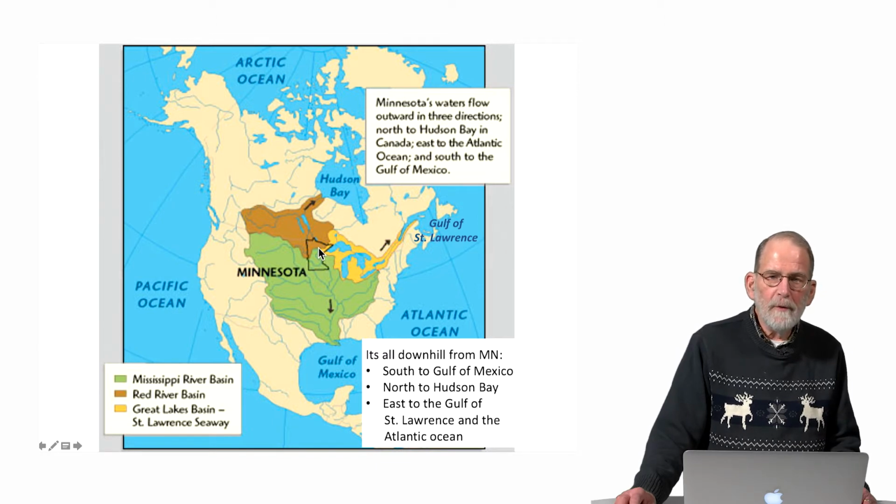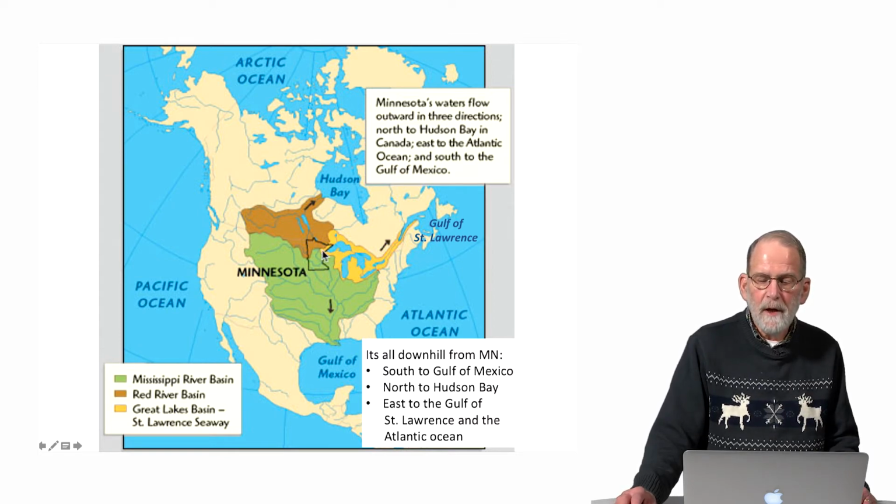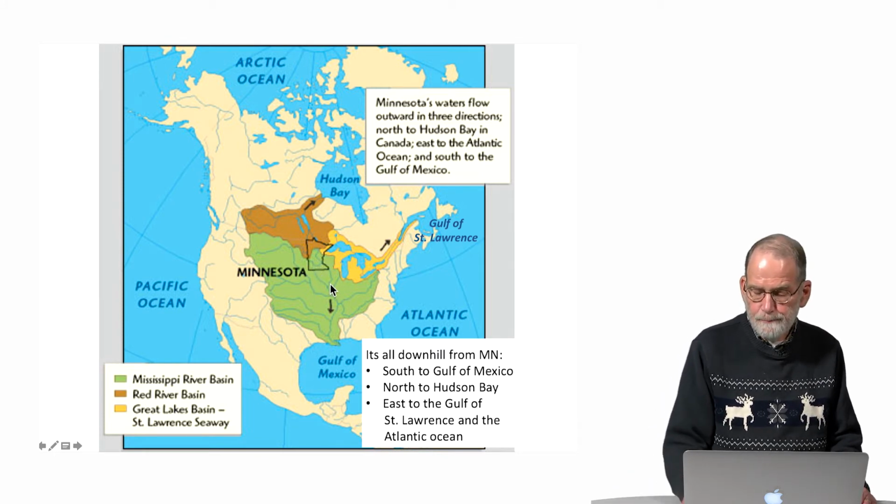However, the direction of downhill depends upon which of these three continental watersheds you mean. Because in the northeastern part of the state, downhill means to the east. In the northwestern part of the state, downhill means to the north. And to the rest of the state, downhill means, generally speaking, to the south and into the Mississippi River Valley.